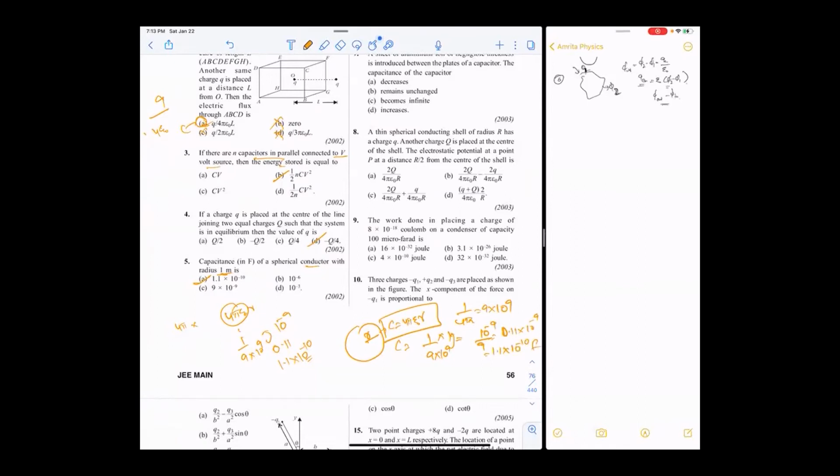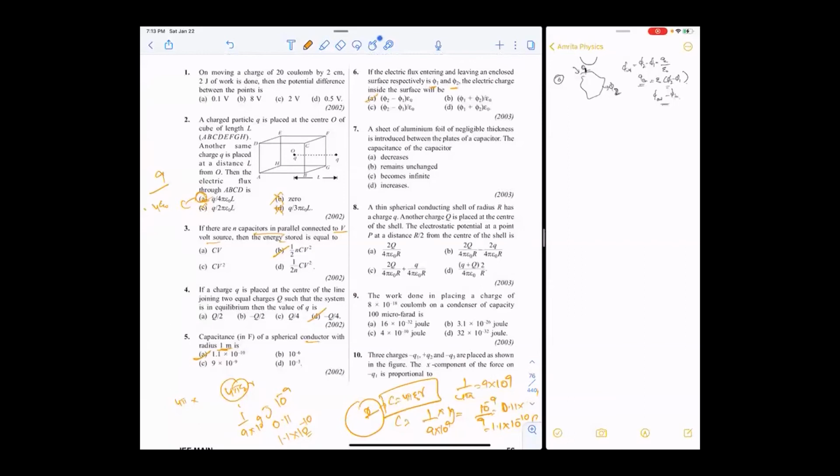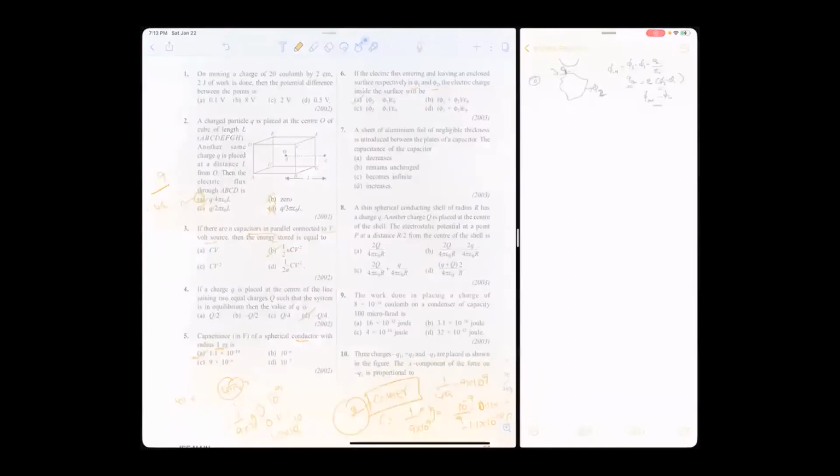If you understood. Seventh one. A sheet of aluminum foil of negligible thickness is introduced between the plates of a capacitor. What happens to the capacitance of the capacitor? Here it is negligible thickness.